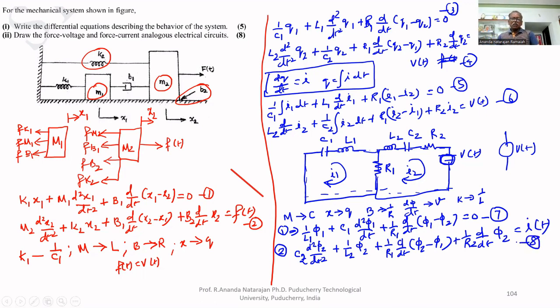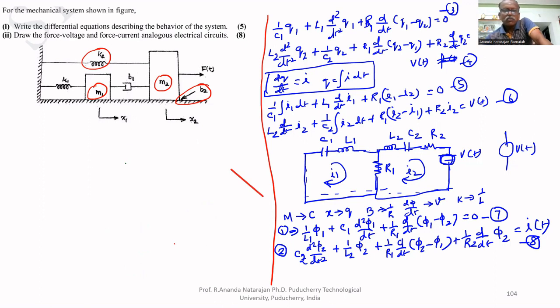Now we have to draw the circuit for this. Consider the seventh equation. We know that d phi by dt, the rate of change of flux, equals voltage, or phi equals the integral of V dt.